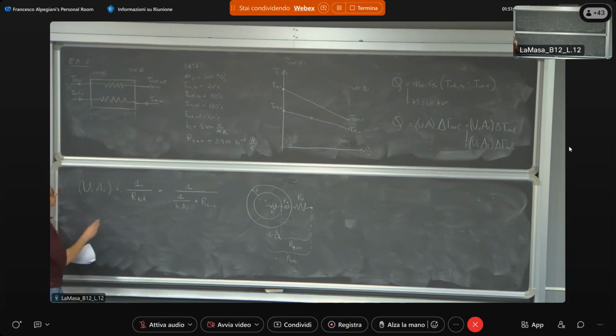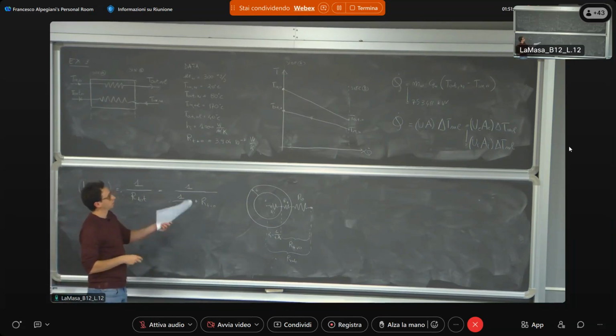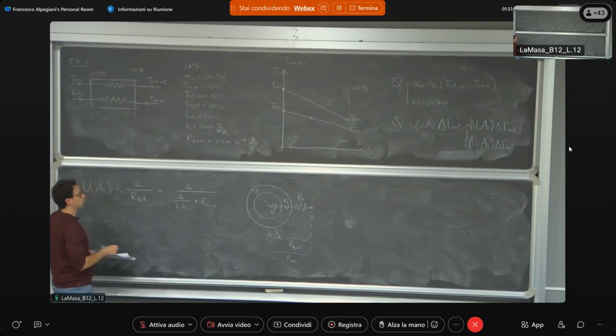So essentially you can rewrite the thermal power using the global heat transfer coefficient referred to the internal area times the internal area times the mean logarithmic temperature difference.